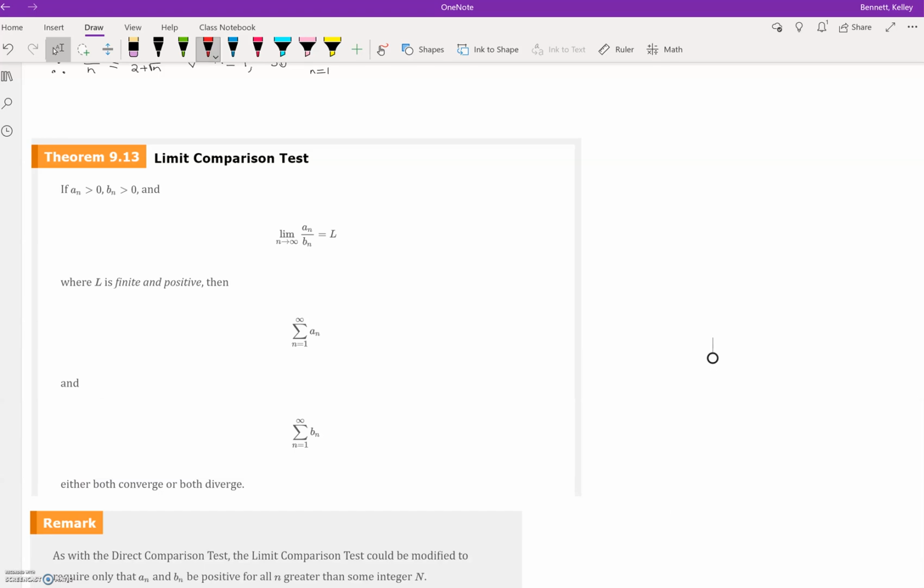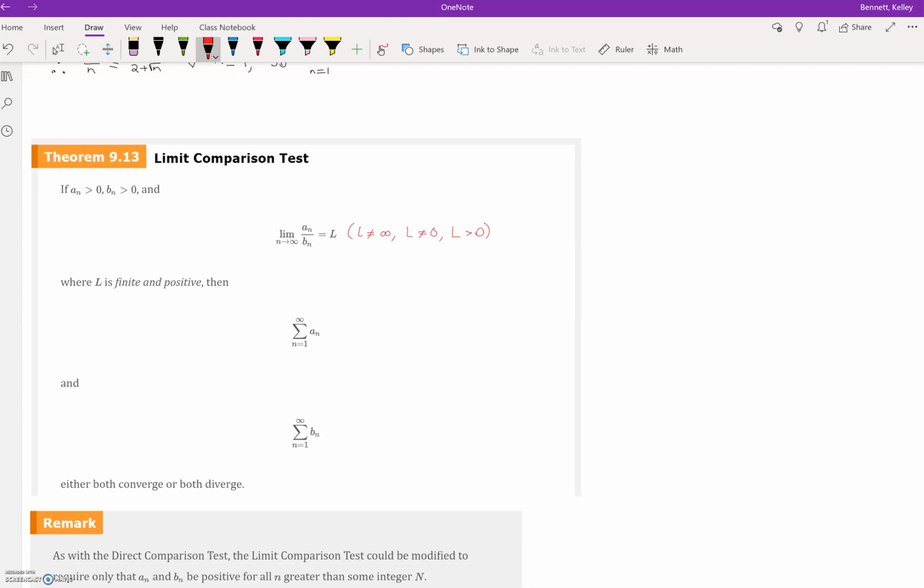So that's pretty nice. So the trick here, right? So positive meaning not 0 and finite meaning not infinity.